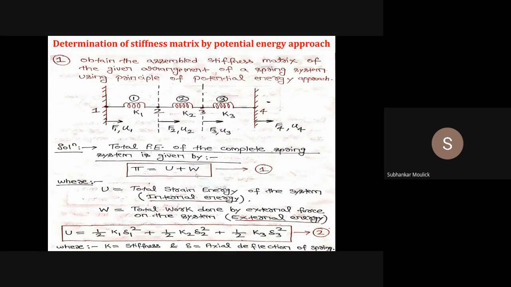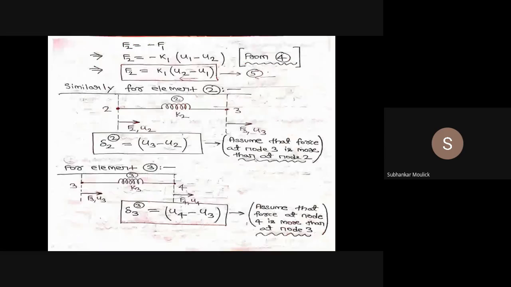And that total work done will be given by force into displacement. W will be minus F1 U1 for the first node, minus F2 U2 for node 2, minus F3 U3 for node 3, minus F4 U4 for node 4.